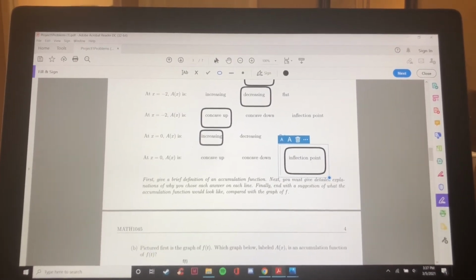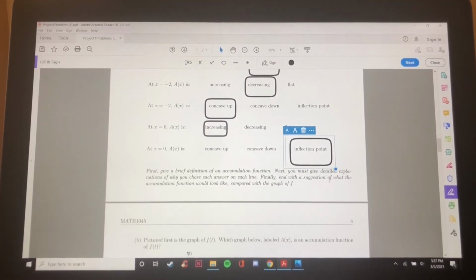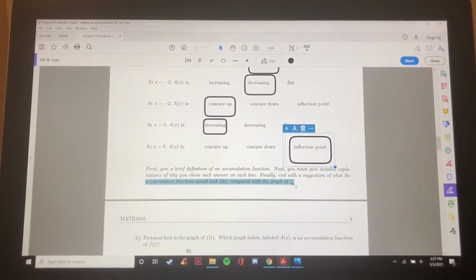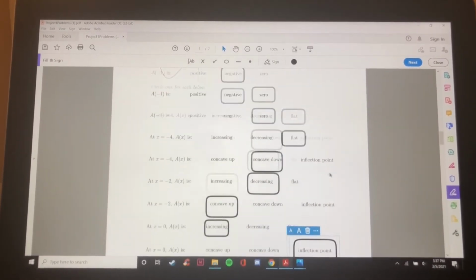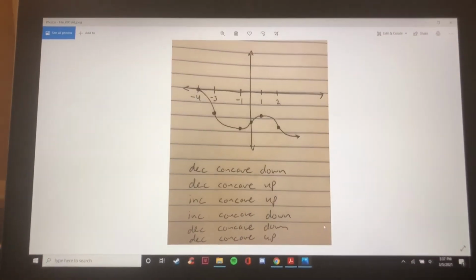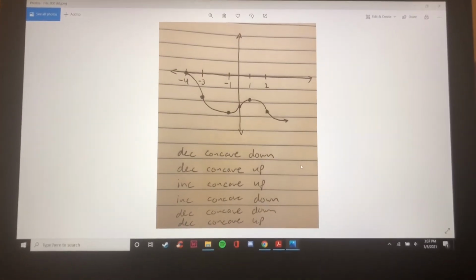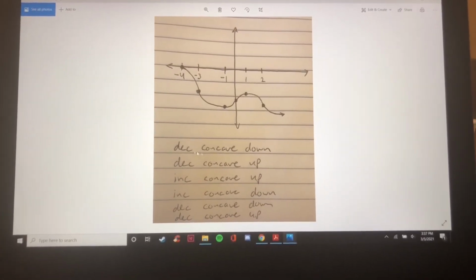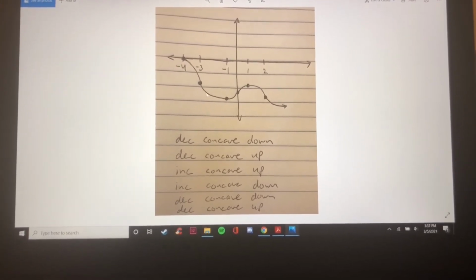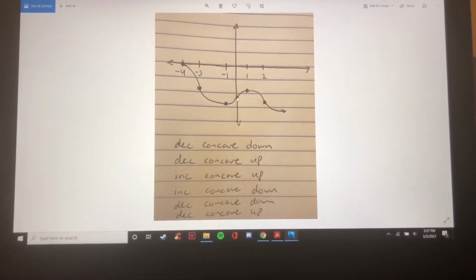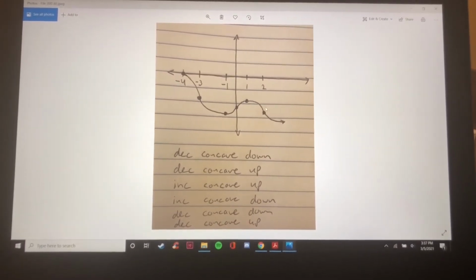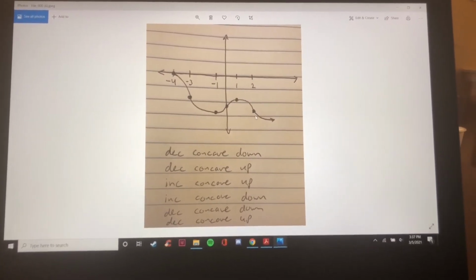Finally, one of the last steps of this problem is suggesting what the accumulation function would look like compared with the graph of f. So I've gone ahead and drawn this out, and this is what I believe it to be looking like. So first it's decreasing concave down here, and then it's decreasing concave up, then it's increasing concave up, then increasing concave down, then decreasing concave down, and then finally decreasing concave up.